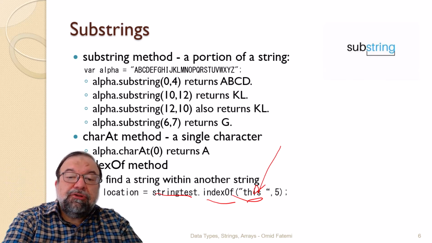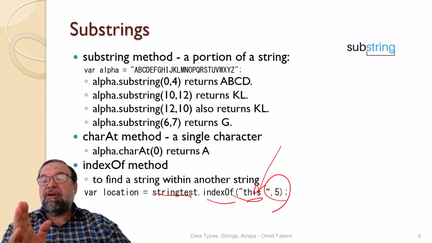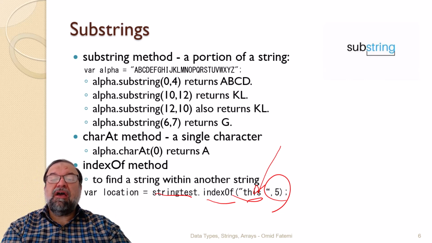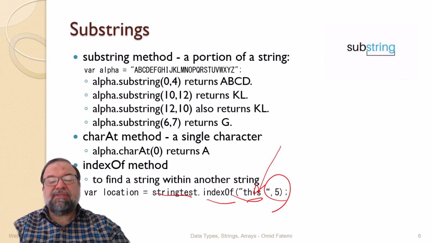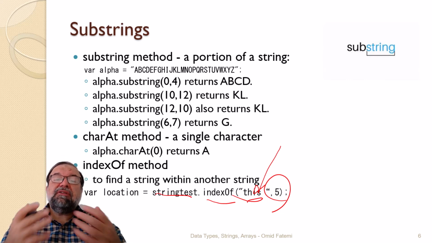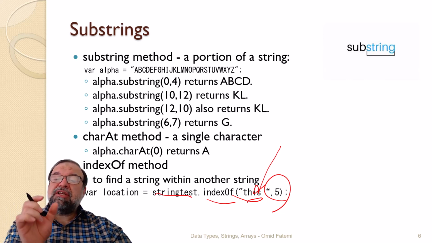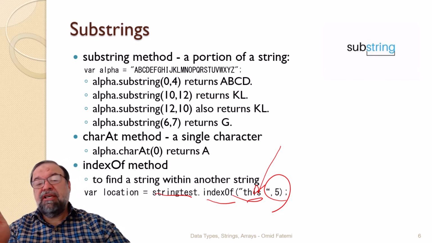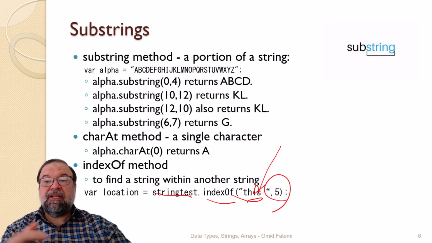But if you put the second parameter, then it starts from that character. For example, if I put 5, then it starts from position 5, which is the 6th character. It is useful when you want to find multiple instances of a substring inside a string. You just search for the first one, and then you put the index at the next character, and then you search again, and then again and again.